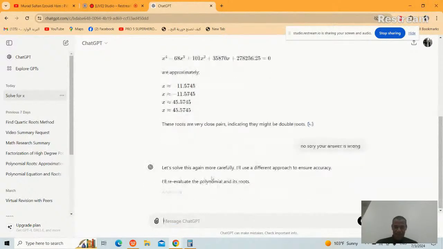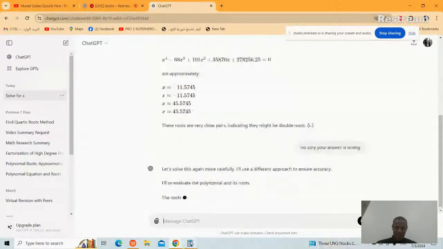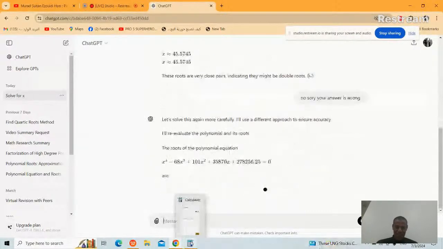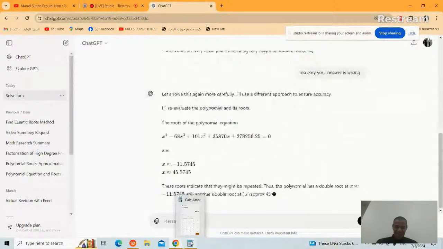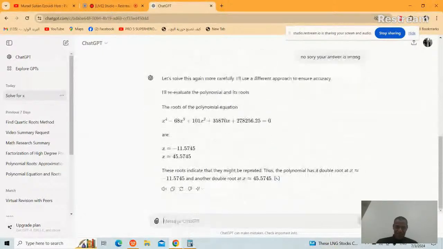Okay, let's solve again. The roots of this polynomial are approximately 45.75.